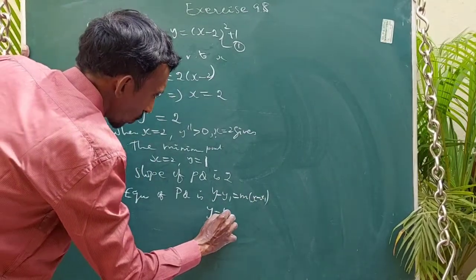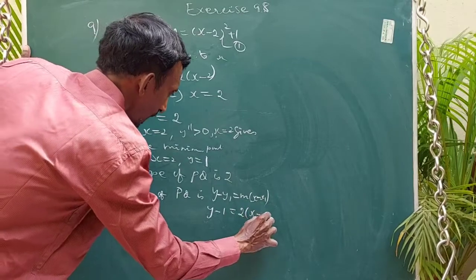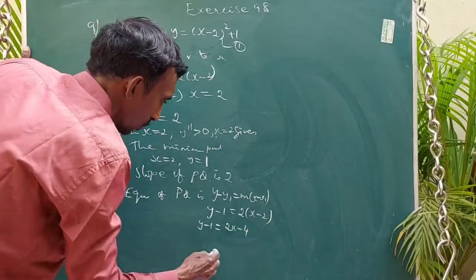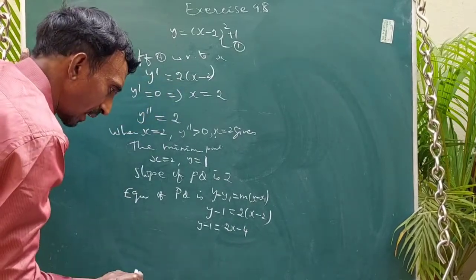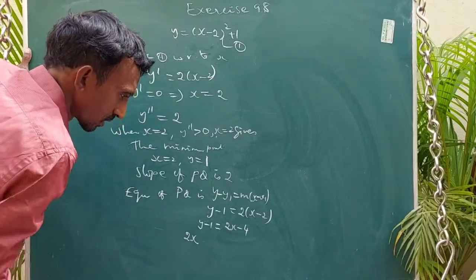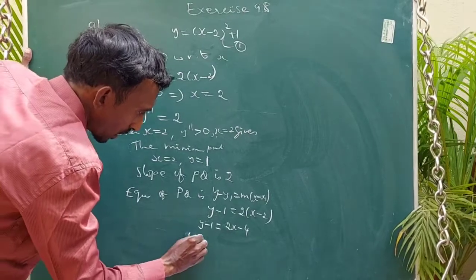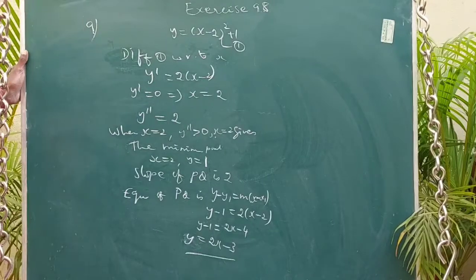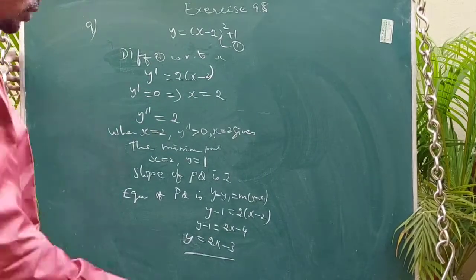So y minus 1 equal to 2 into (x minus 2). So y minus 1 equal to 2x minus 4. If we change the side, we are getting minus 3. So y equal to 2x minus 3. It is the equation of PQ.